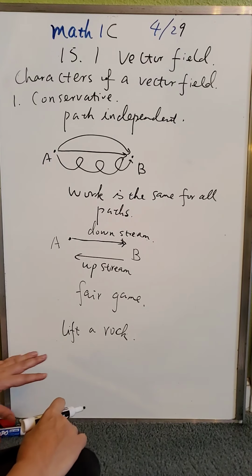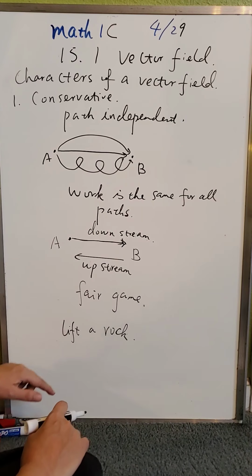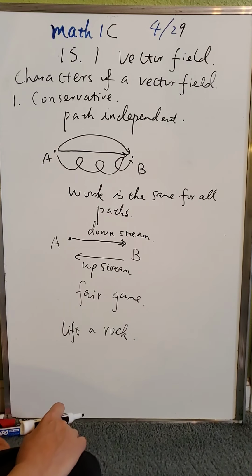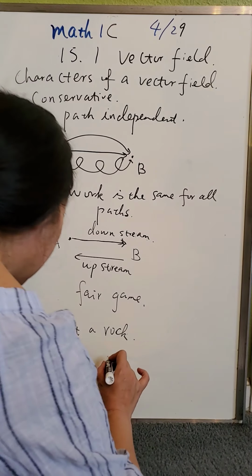How come? Because when you lift a rock and drop it off, it's the work done by gravitation. Gravitation is the same everywhere, so therefore it's also a fair game. Gravitation is a fair game.